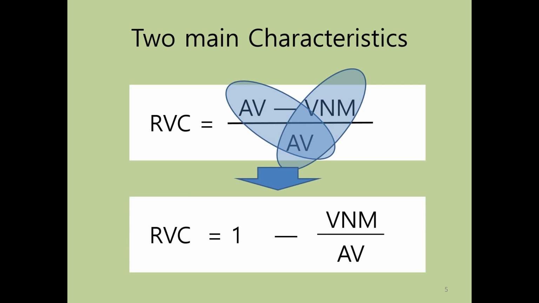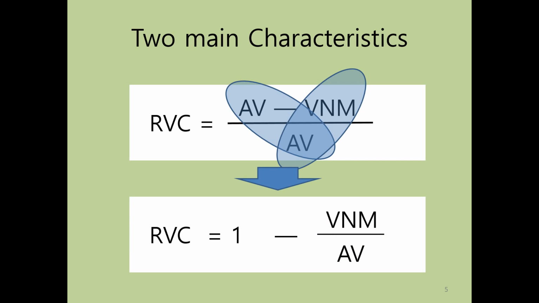RBC equals 1 minus VNM divided by AV. We can understand that RBC rate depends on these two factors, AV and VNM. Let's see what makes the rate increase.